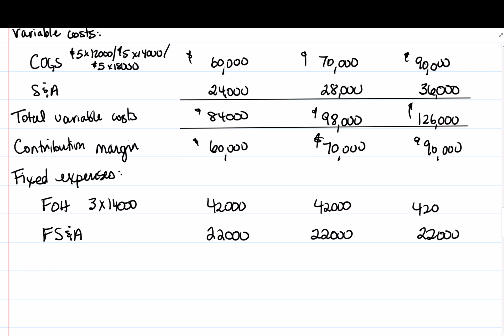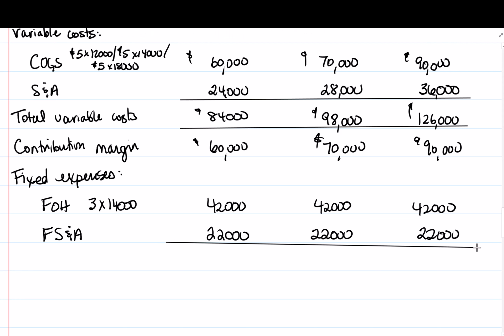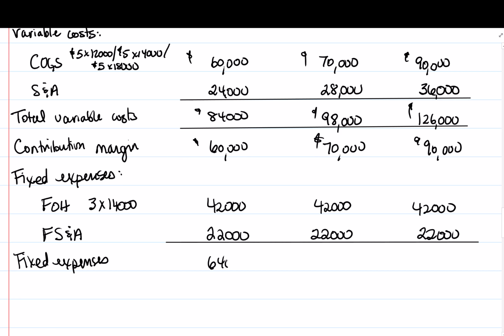That would be wrong. You want to look at, in essence, what the actual amount is. We add up our fixed expenses. You get 64,000. $64,000 and $64,000.